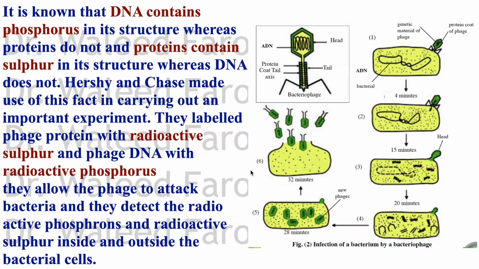So if we mark the phosphorus and the sulfur and observe this experiment again, we will know how the genetic material was transferred, through proteins or through DNA. It will show that it is transmitted through DNA, by measuring the radioactive sulfur in the phage protein and the radioactive phosphorus in the phage DNA.